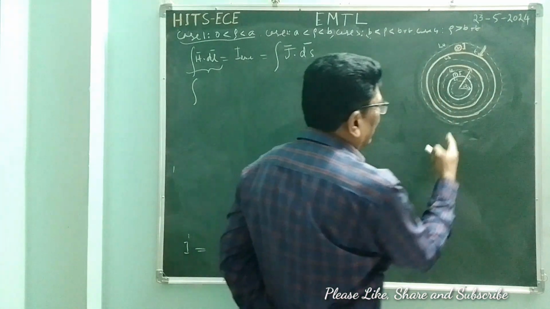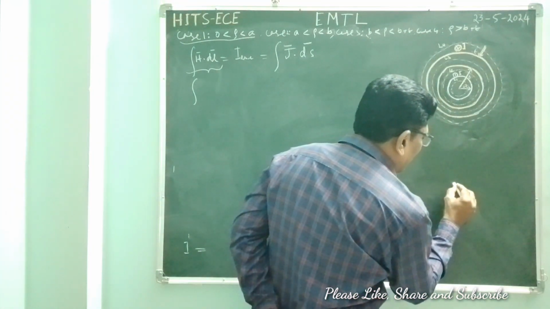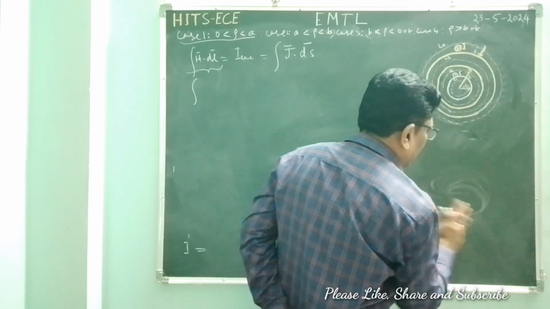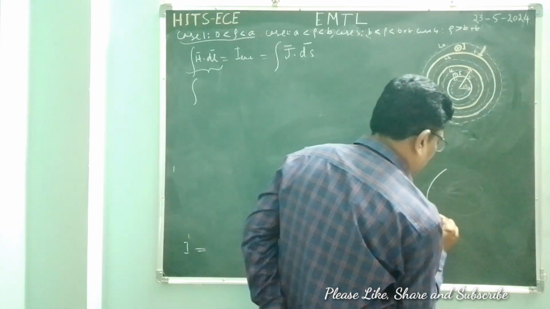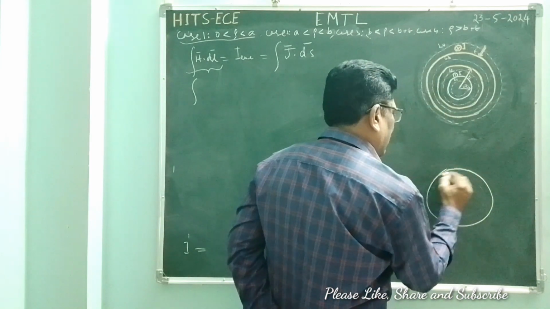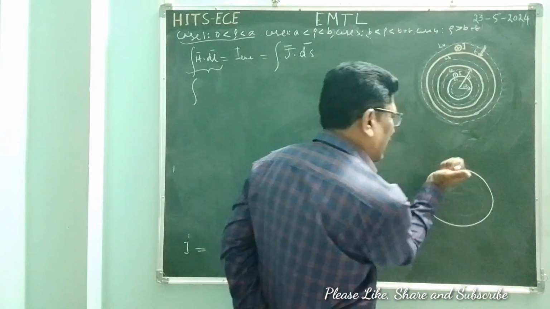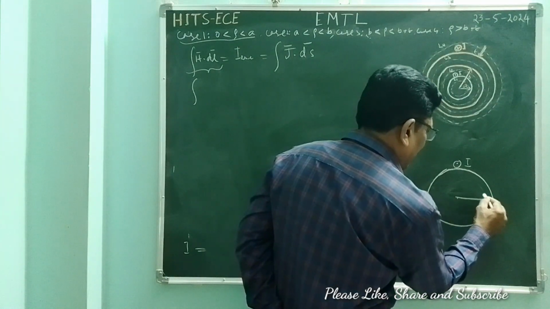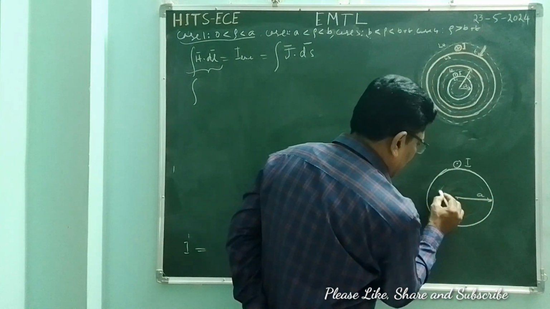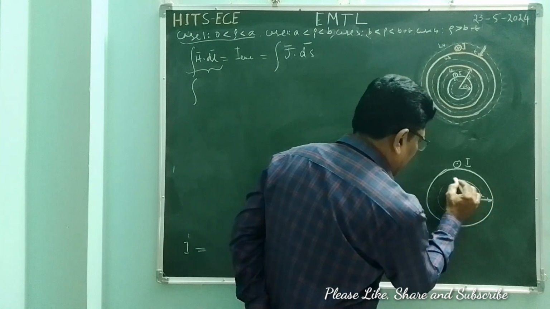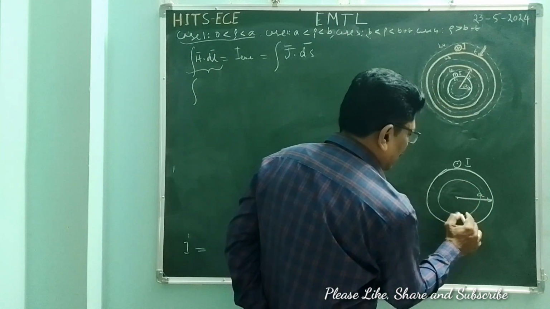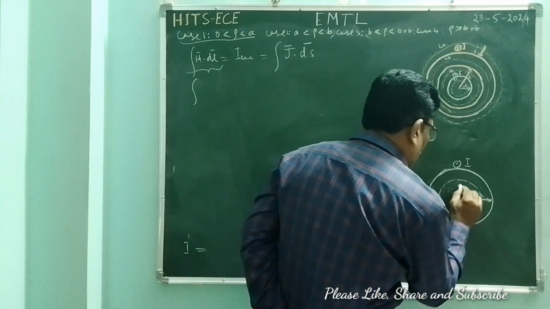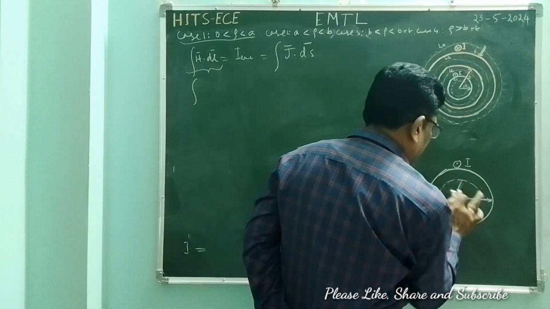I will draw the inner conductor diagram separately. This is the inner conductor, and the current is moving like this, and the radius is A. This is the Amperian path, whose radius is rho.